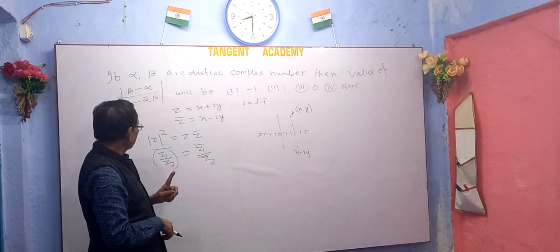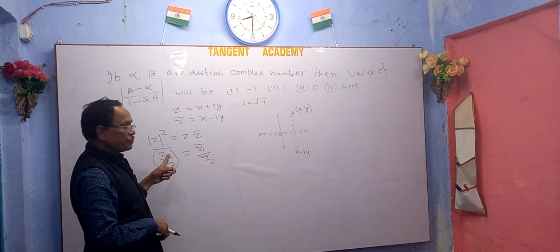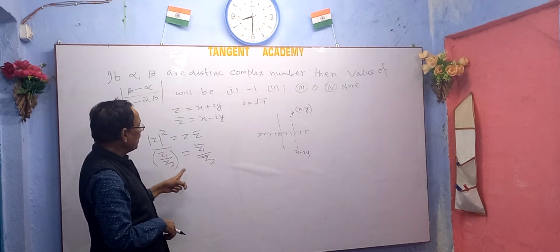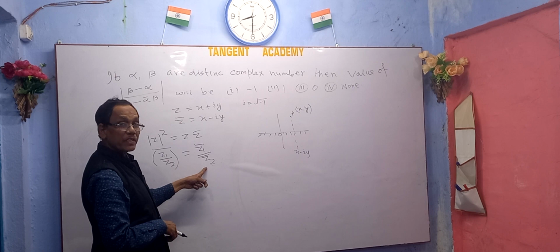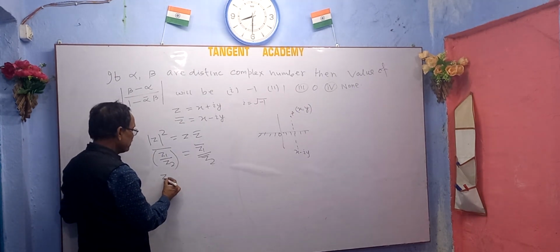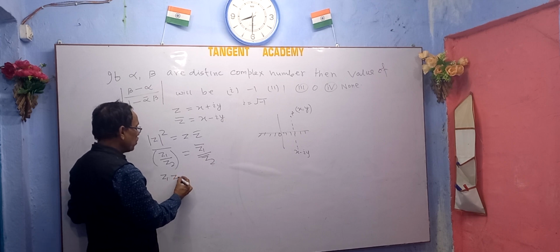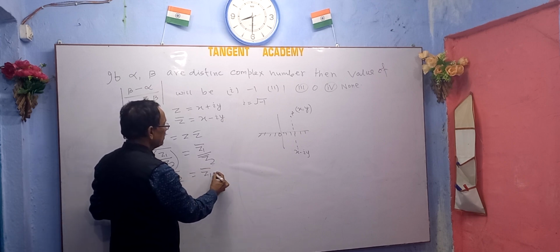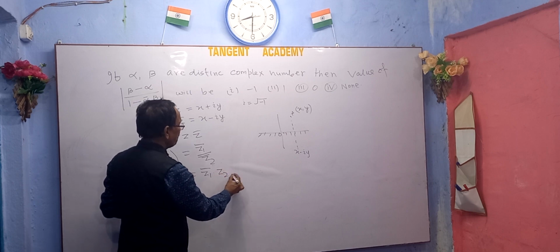That is, the conjugate of the quotient of z1 and z2 is equal to the quotient of their individual conjugates. Similarly, in case of a product, z1 into z2 whole bar is equal to z1 bar into z2 bar.